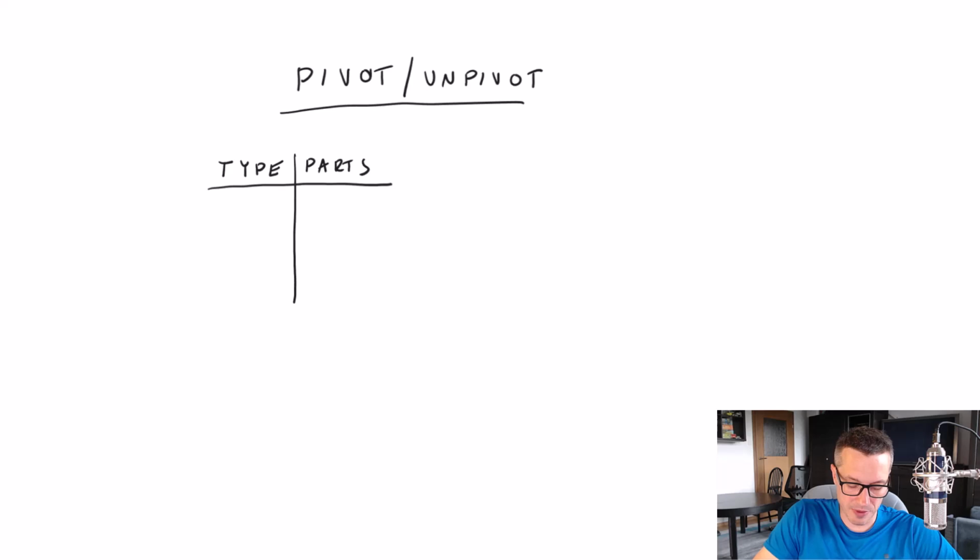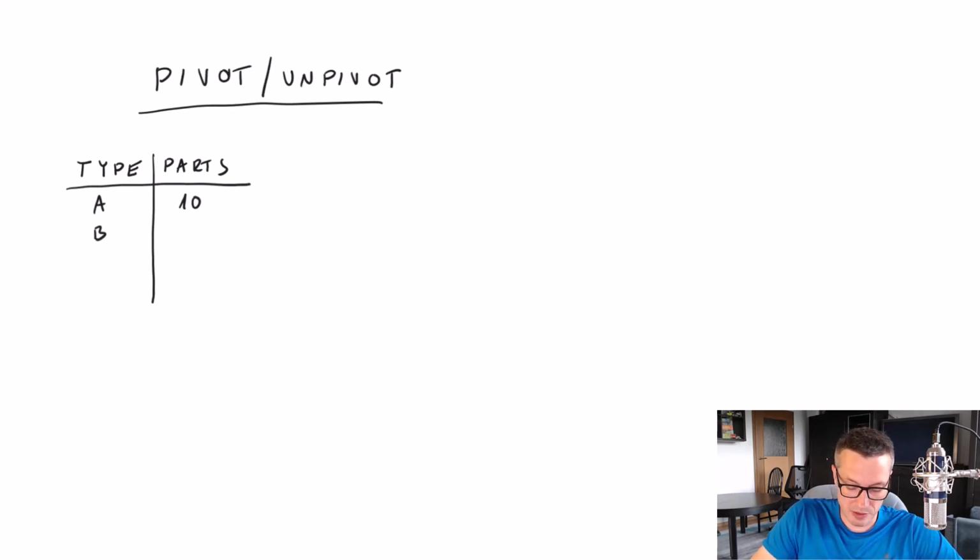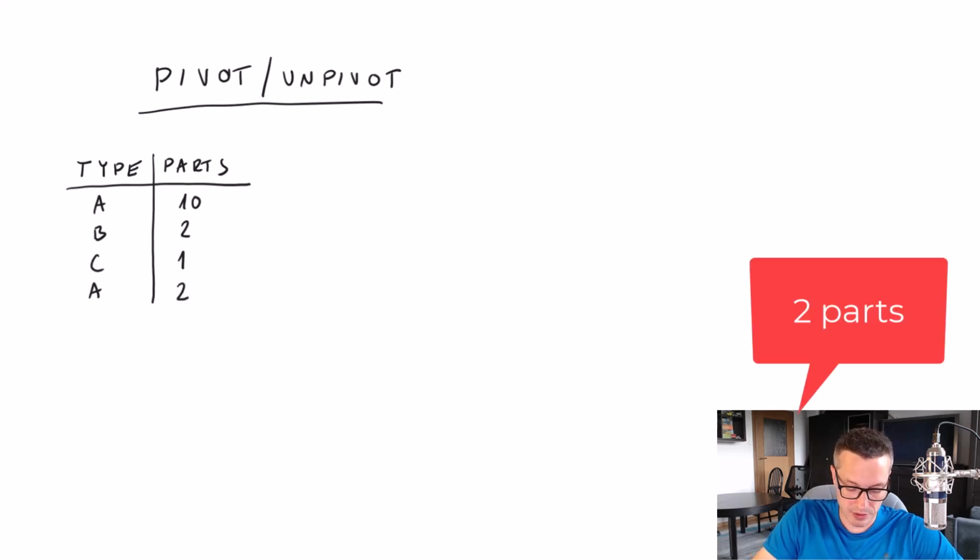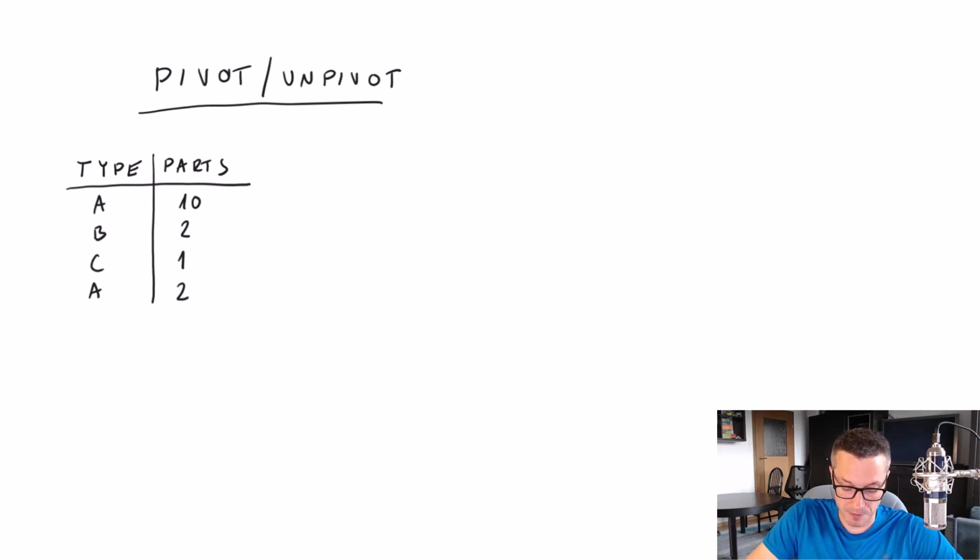So let's say that the row with type A has 10 parts. The second row, of type B, has 2 parts. The next row has 1 part, and again there's yet another row of type A that has 2 parts. And this is our table.